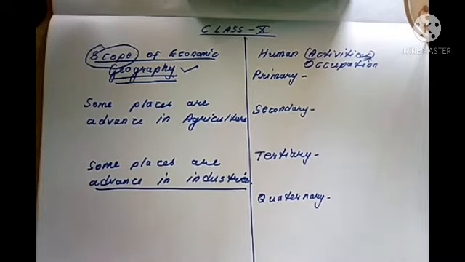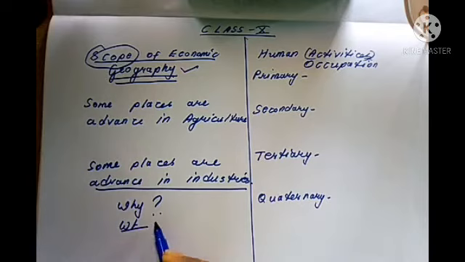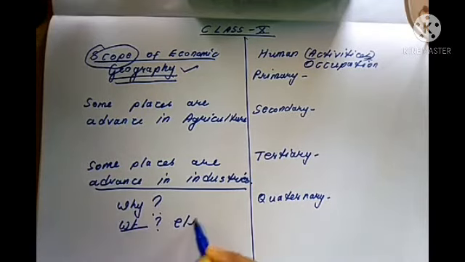Here in the scope of economic geography, what do we need to study? We need to study why the economic activity is located where it is. And the second question is whether it would not be better if the economic activity were located elsewhere.